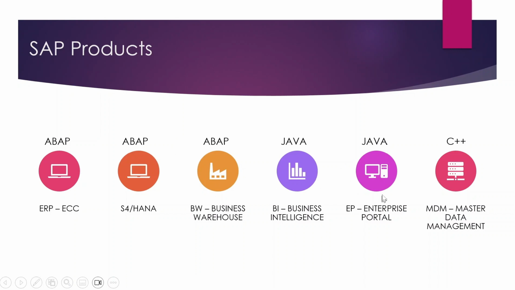These are BI system, EP system. They are meant to be accessed over a web browser. That's why they are Java systems. Basically, they are created using the Java language. These softwares are created using a language called ABAP. Okay, ABAP is basically a superset of the C++ language.